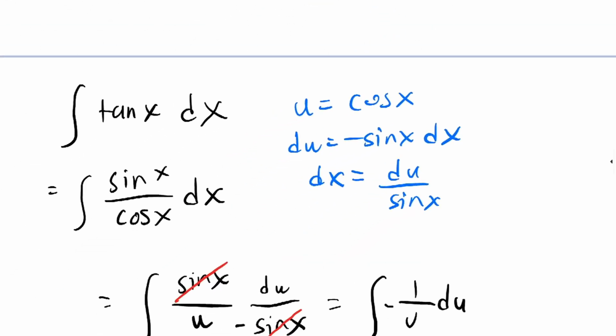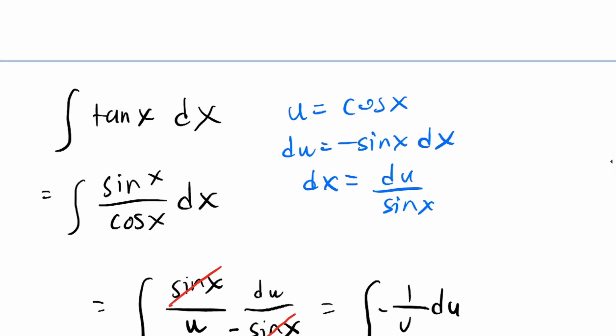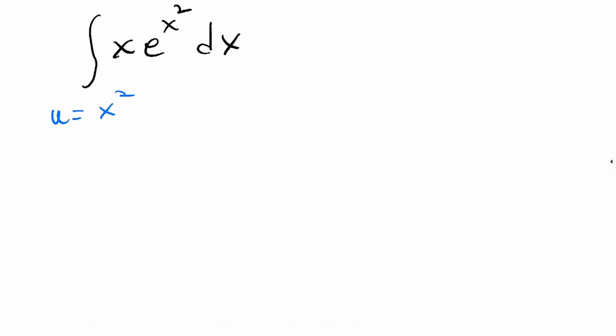For example, in this case, you might have let u equal sine x, and you might have been like, wait, that's not really going anywhere. If it doesn't go anywhere, don't be like, oh, am I doing something wrong? Most of the time, you're just not letting the right thing be u. Or it's not a U-sub problem, but that's a different story. If you're in Calc 1, no need to worry about that.